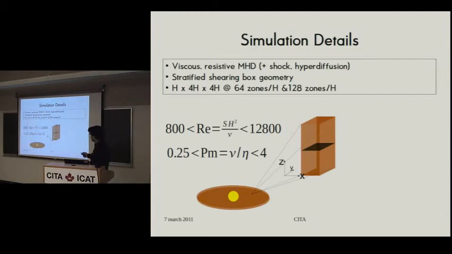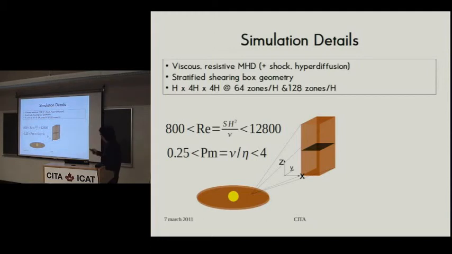And similarly, the magnetic Reynolds number just has eta here, the resistivity, replacing the viscosity nu. The magnetic Reynolds number has its usual definition, the ratio of the viscosity to the resistivity. We run this somewhere between 1/4 and 4. We actually have a few that go up to 10 now, and one that goes down to 0.1. But these are roughly speaking. You clearly see that the range of parameters that we're talking about is narrow, and that's entirely limited by resolution.